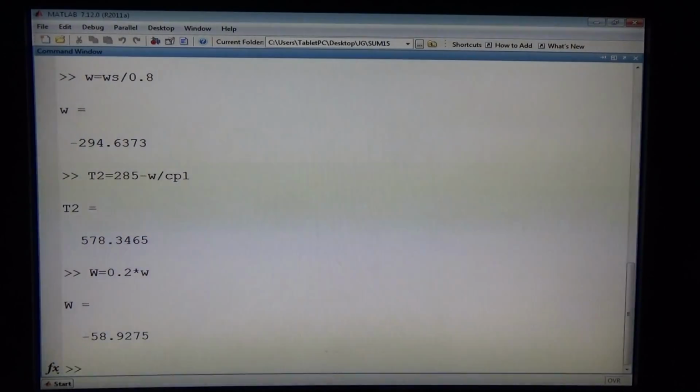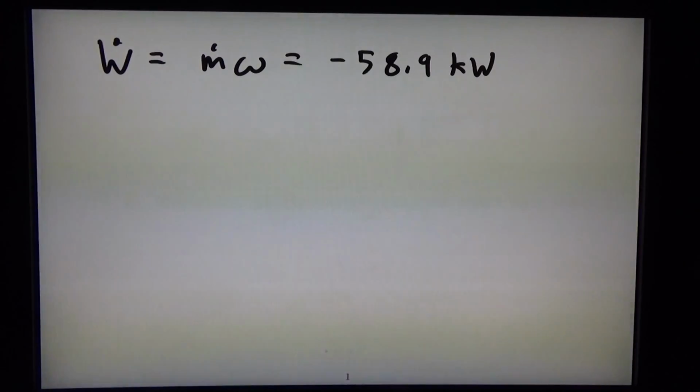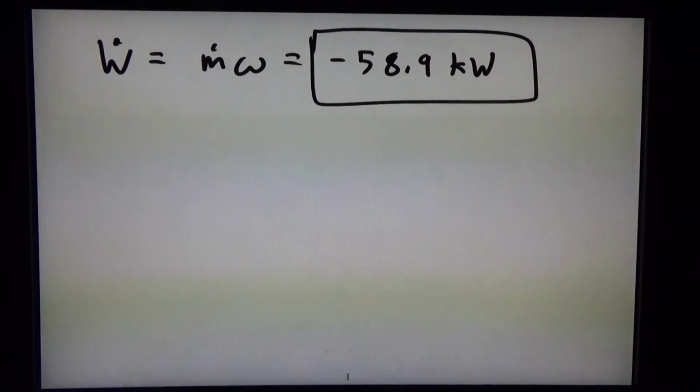So our power here is negative 58.9 kilowatts. And it's negative because we have a compressor, meaning it's a work input power. So that's for the compressor problem.